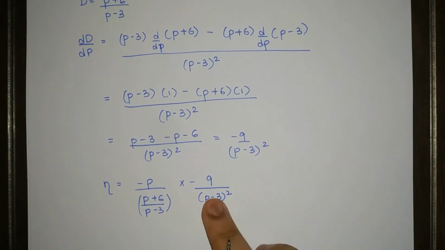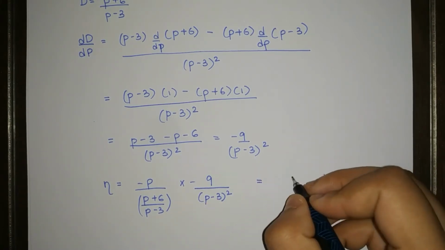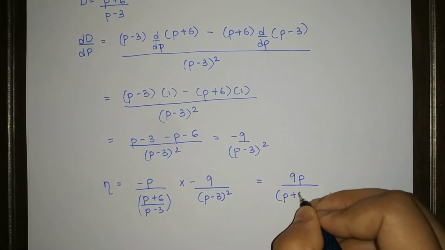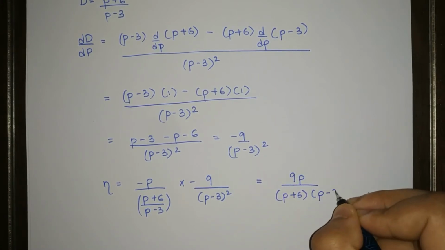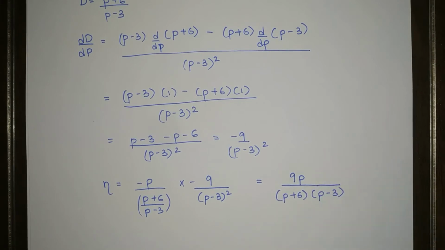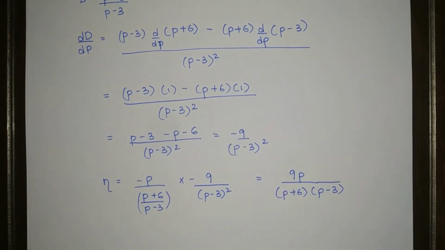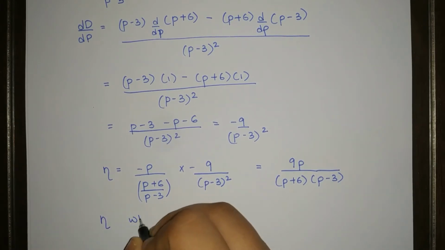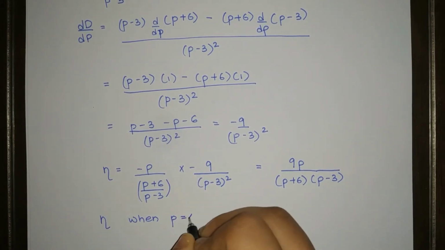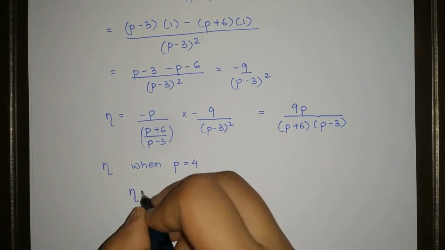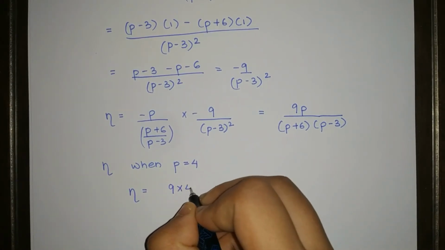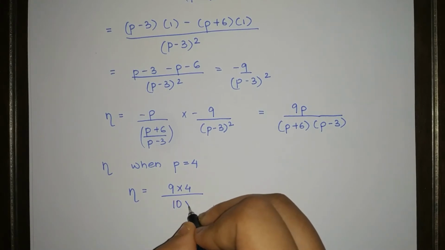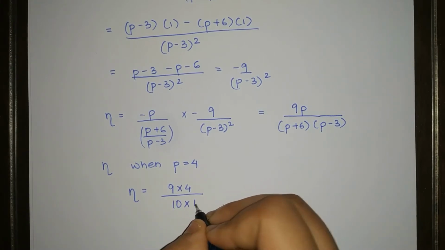Okay, now this will cancel and therefore we'll have 9P divided by P plus 6 into P minus 3. Now you have to find when P is equal to 4. So eta when P is equal to 4 is equal to 9 into 4 divided by 4 plus 6, which is 10, into 4 minus 3, which is 1.